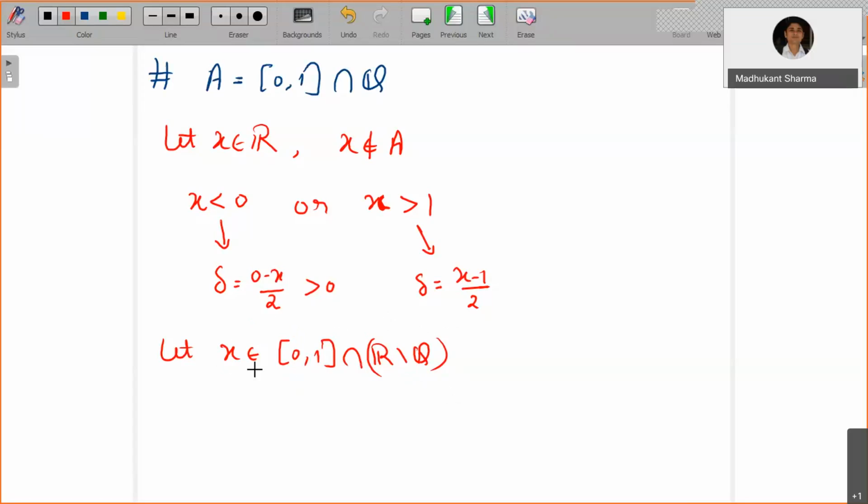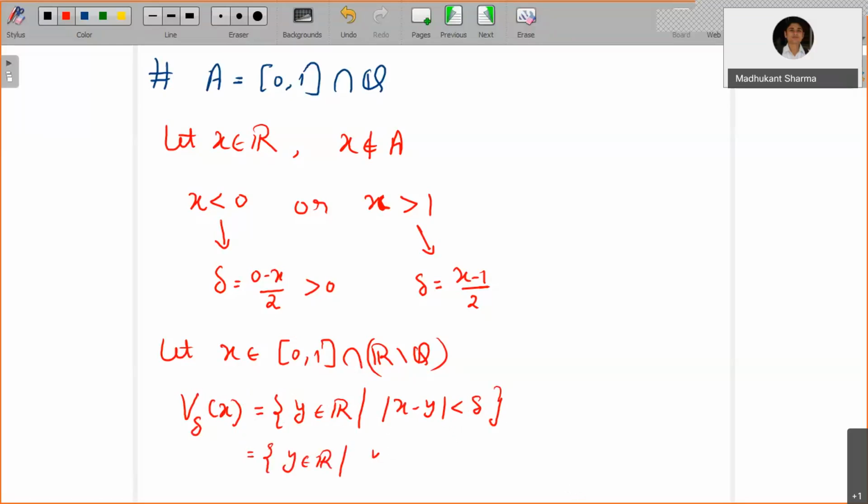Take any neighborhood V_delta of x, which is the set of y in R such that the modulus of x minus y is less than delta. That means you have all the possible points in R satisfying this for any delta, meaning y minus delta is less than x less than y plus delta.